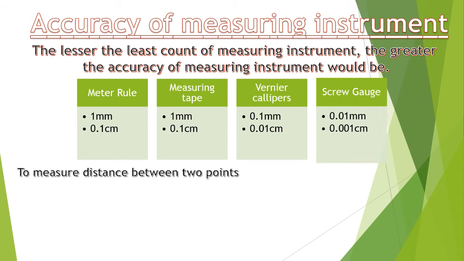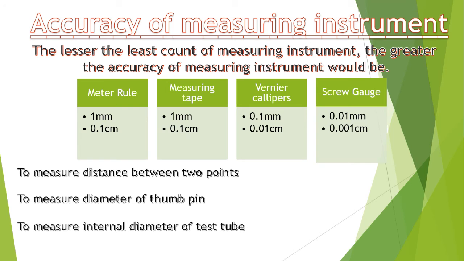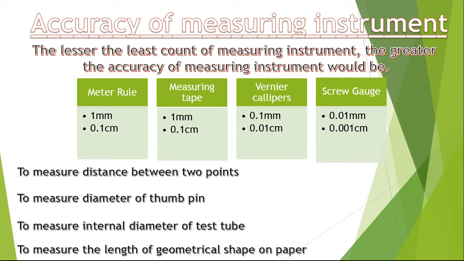To measure the distance between 2 points, we use measuring tape, and to measure the diameter of a thumb pin, we may use a screw gauge. To measure the internal diameter of a test tube, we prefer Vernier calipers, and finally to measure the length of a geometrical shape or paper, we use a meter rule, which is more proper.